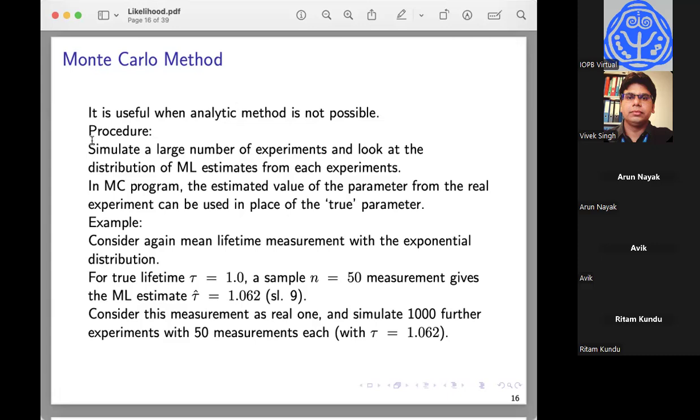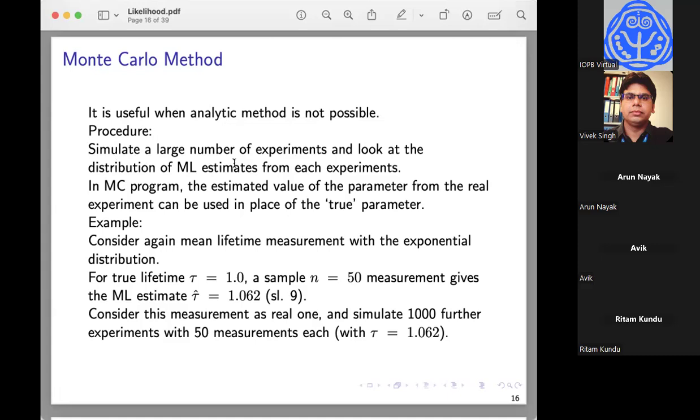But when you generate these many experiments, what value will you use as the true parameter? Okay, we don't know the true parameter. We have only the ML estimates, right? Given an observation, we have only the ML estimate.